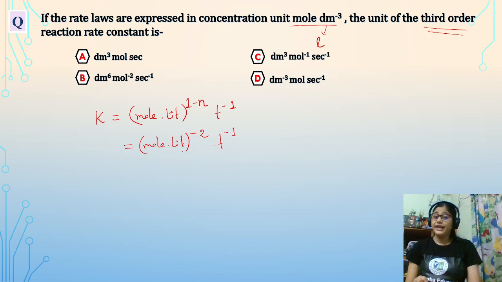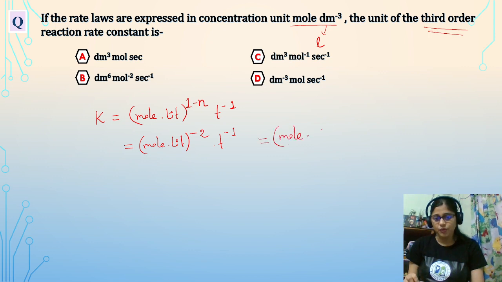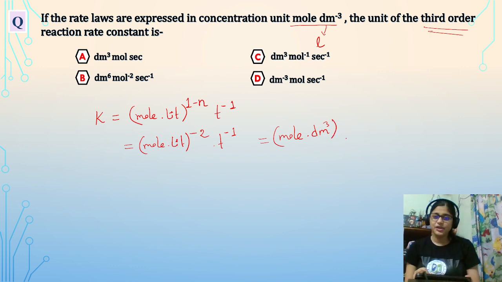Here we have put liter, so we will go towards decimeter. Mole per decimeter cube, this is liter. Mole per liter is right, and to the power -1, so it will be -3, and this -2.